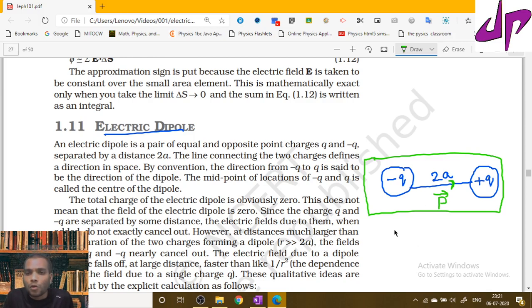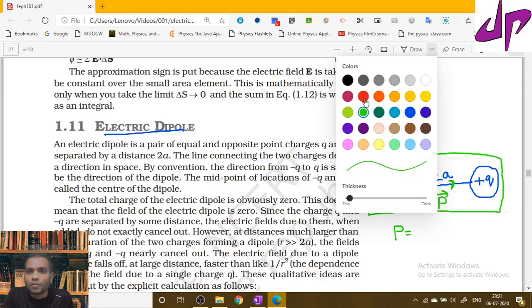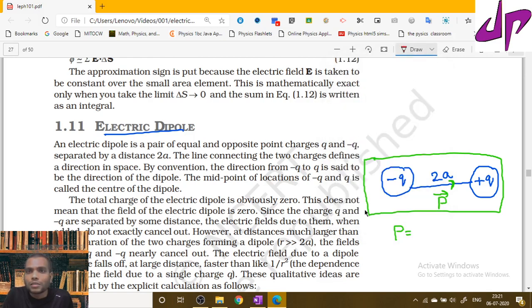The electric dipole moment p can be written as the product of the charge and the dipole length. Taking the magnitude of the charge as q and the dipole length as 2a, we simply write p equals 2qa, which is known as the dipole moment.